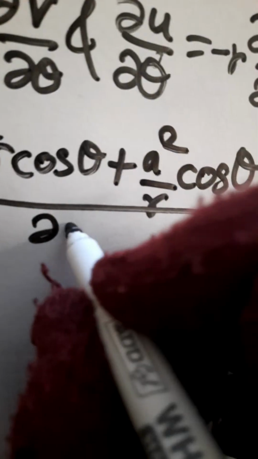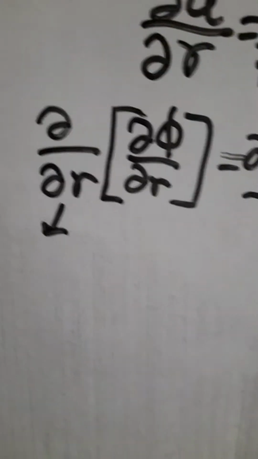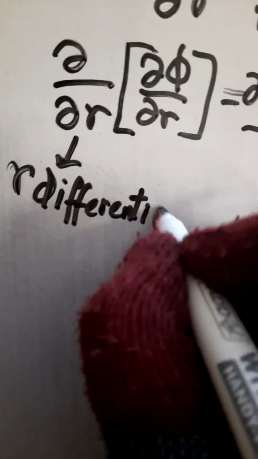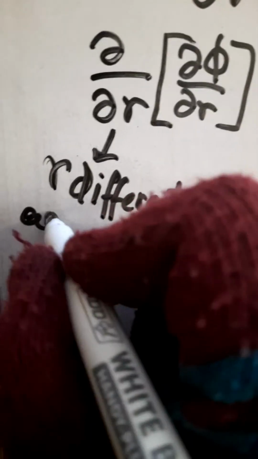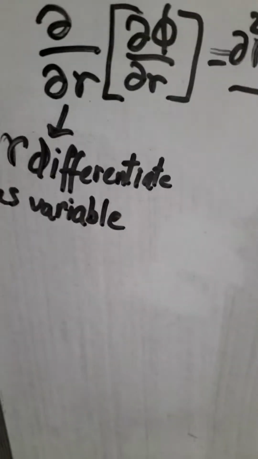Now del square by del r square I have to do, right? The denominator has del r, which means I have to take derivative with respect to r. I can only differentiate r as a variable. And what would happen to other things?